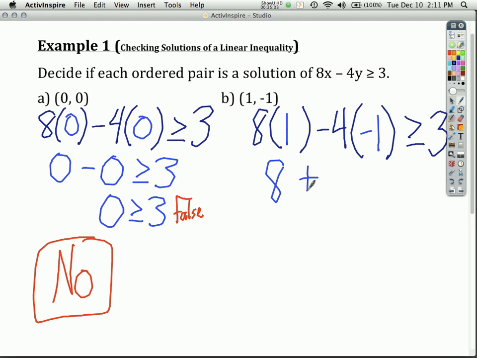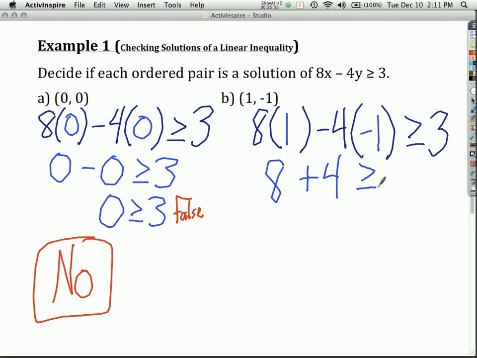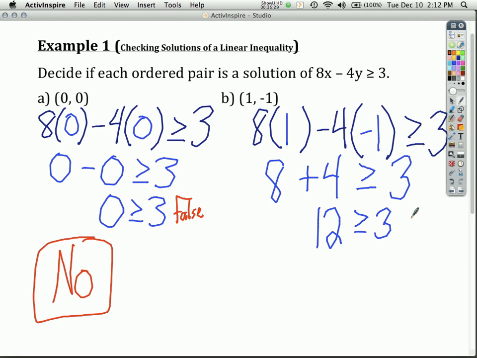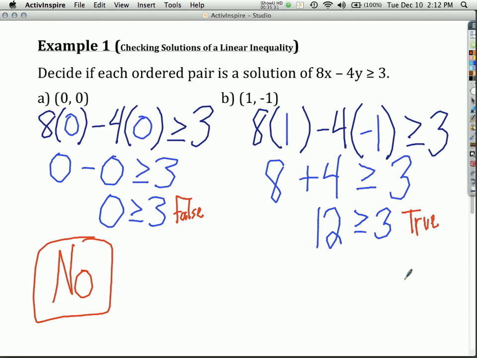So that's actually plus 4. 8 plus 4 is 12, so we get the statement 12 is greater than or equal to 3. Give me a thumbs up if you think that is a true statement. A lot of people think it's true. Good, because it is. It is a true statement. So the answer is yes, that is a solution to the inequality.